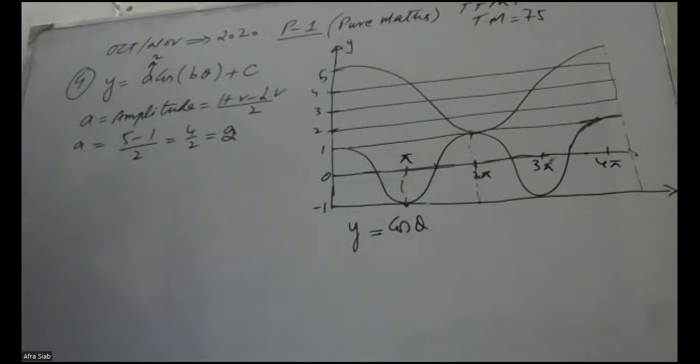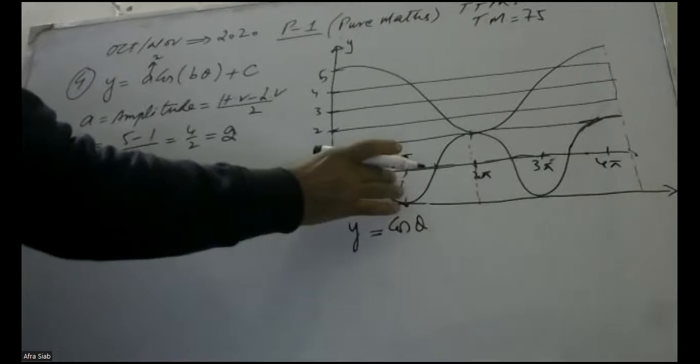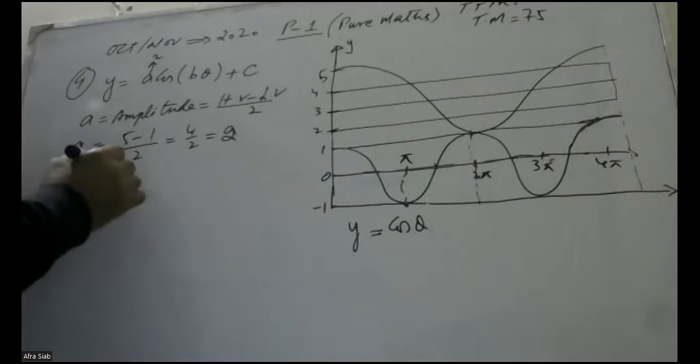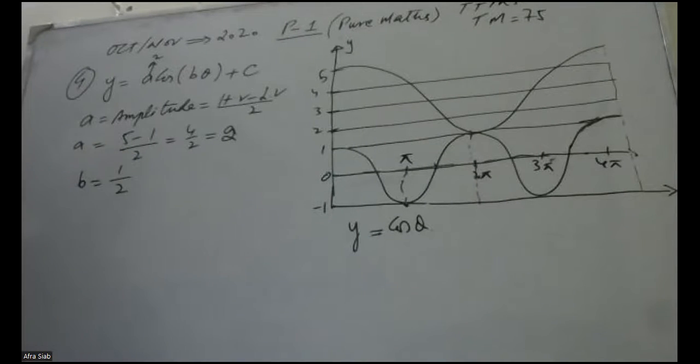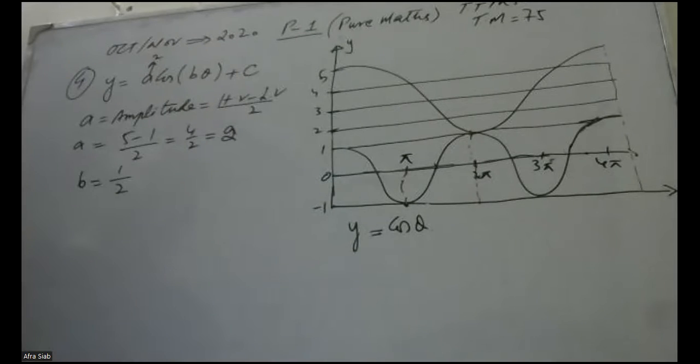Then B value, which is B theta. This is theta there, which is at pi, and for B it is at 2 pi. So we can write it as 1 over 2, because it is stretched with respect to the factor B there, which is equal to half. Then C value is there.